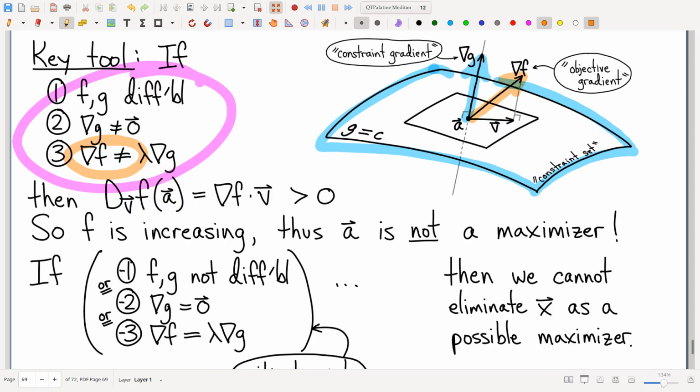They're not parallel. That means that it will have a non-zero shadow projection, you might call it, down in the tangent plane, and that means that I can compute the directional derivative.